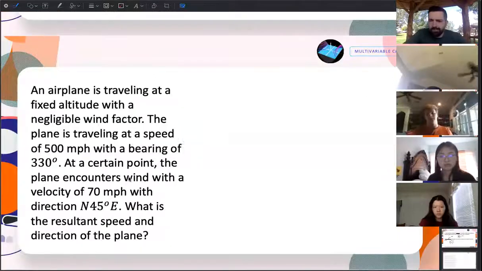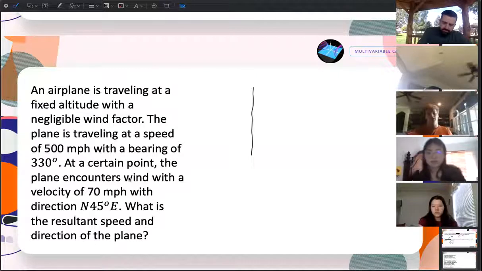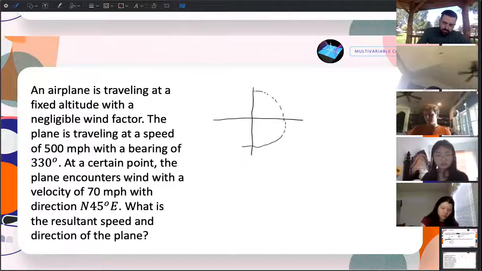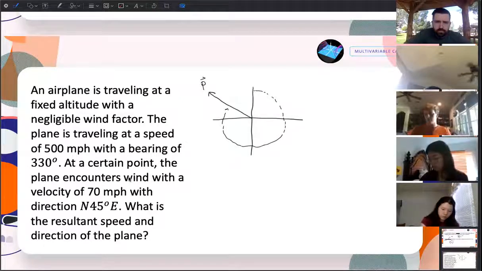is those airplane problems. You guys probably had a ton of these in pre-cal, where you have an airplane traveling at a fixed altitude at 500 miles per hour, bearing of 330. So remember, that's telling you this is 330 degrees, and this would be the plane's vector. 500 miles per hour would be the magnitude.